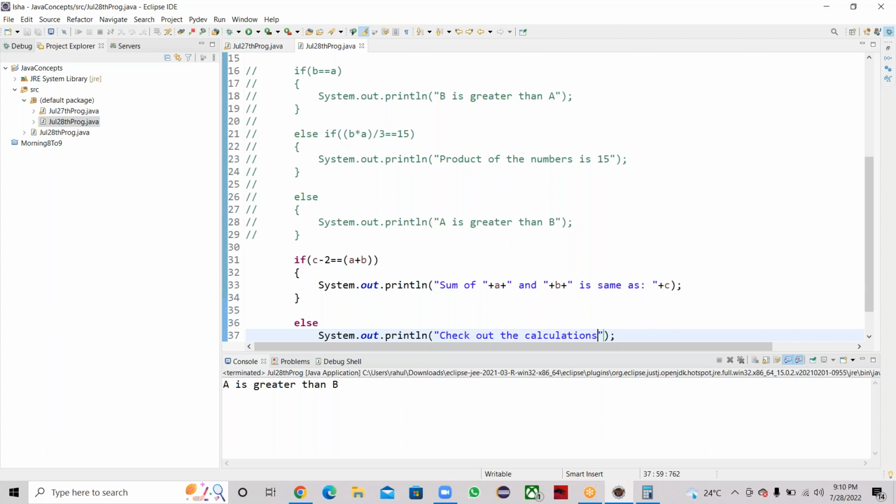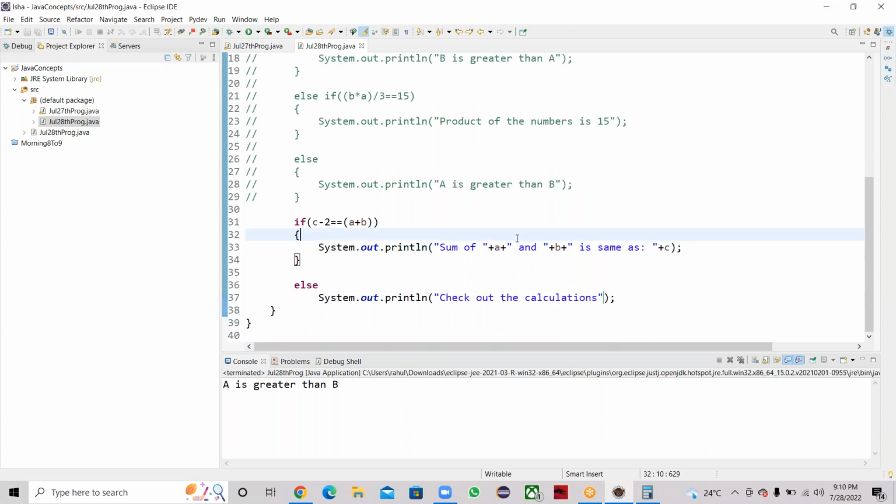Plus 10, so 10 plus 10. Is this clear? Yes. Is this clear, everyone? Any doubts? No. Can we go ahead, Iqbal, or you need one more? No, we can go ahead. Okay.